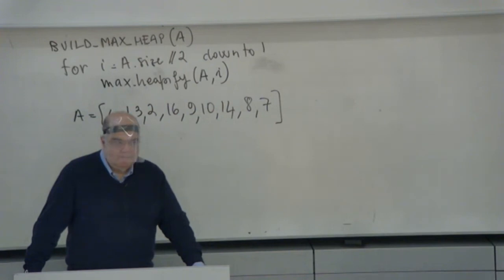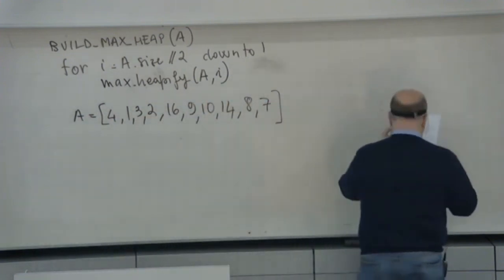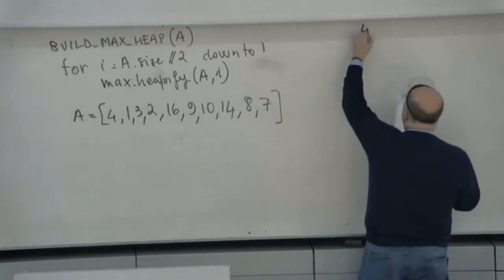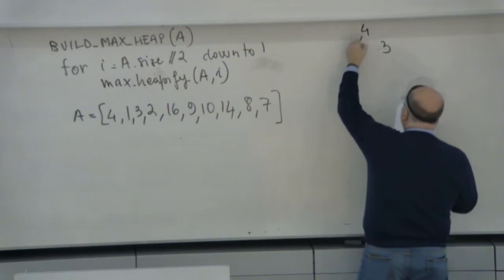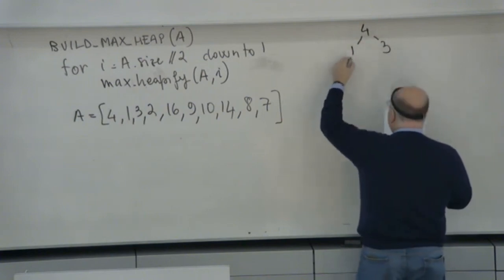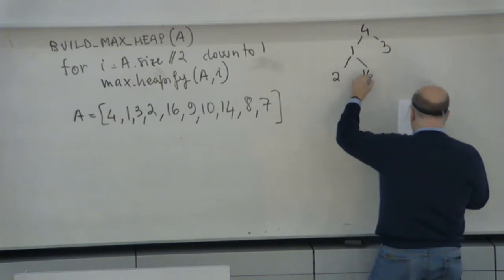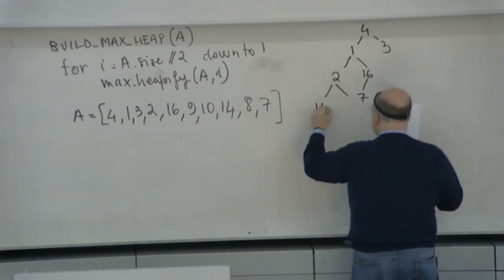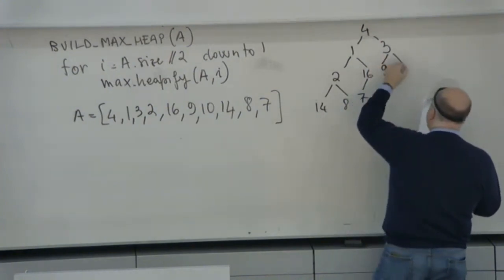Are you done? Okay, so, well, the starting point is this. We have 4, 1, 3, and then we have 2, 16, 7, 14, 8, and say below 3 there is 9 and 10.